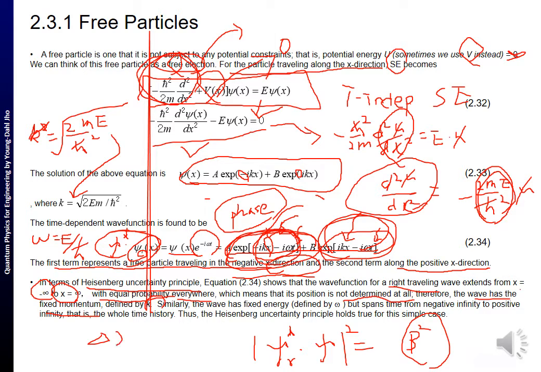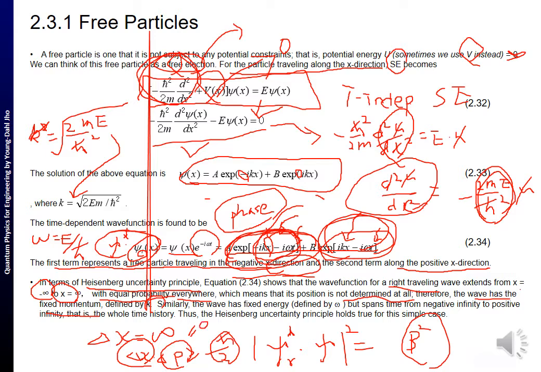Then it means delta x is infinity. And delta x times delta p is supposed to be no less than h bar over 2. This is finite, this is infinity, right?